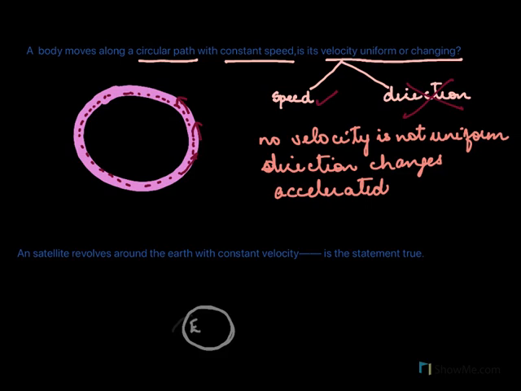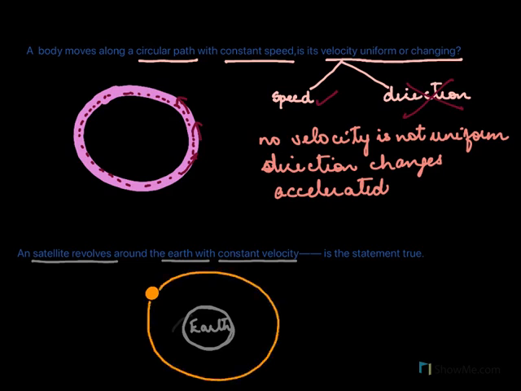So here is the Earth. And the question is, a satellite revolves around the Earth with a constant velocity. Is the statement true? So here's the Earth, and here I have a satellite, and this satellite is now moving around the Earth in a circular orbit.